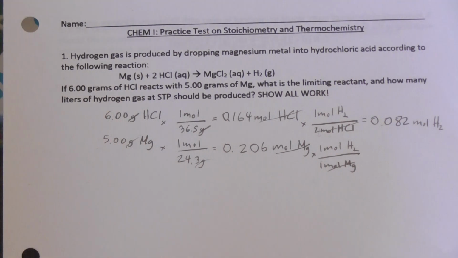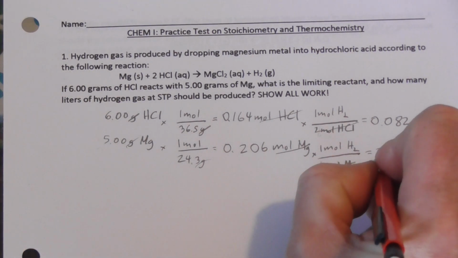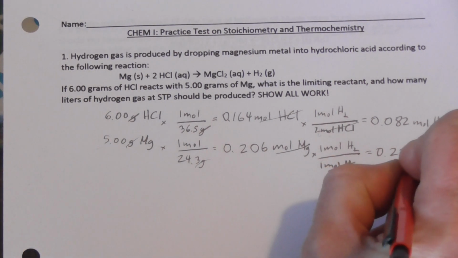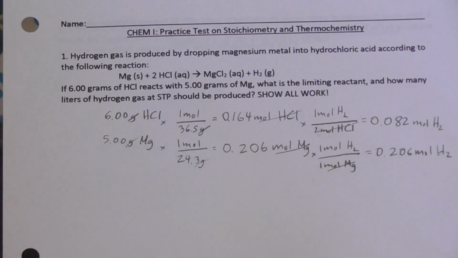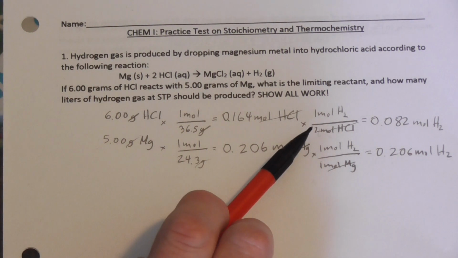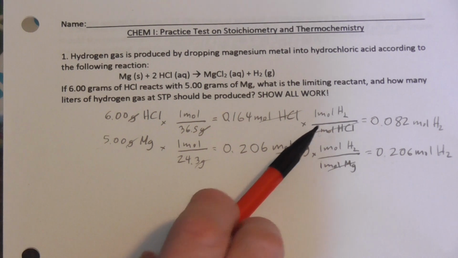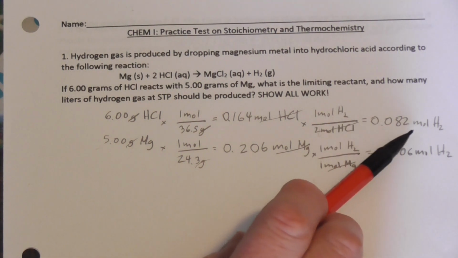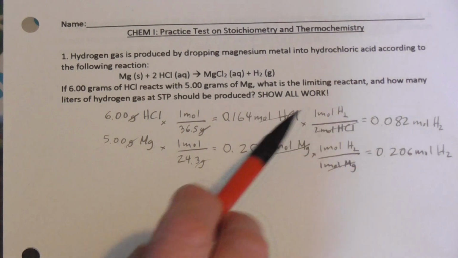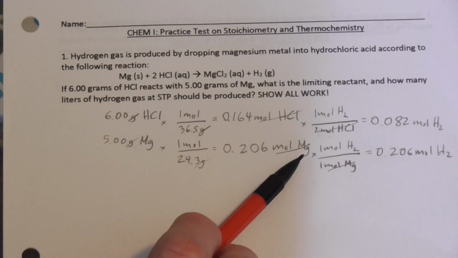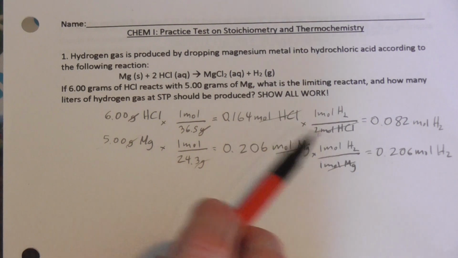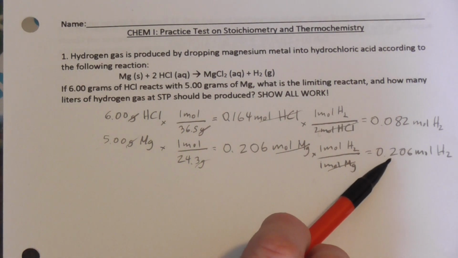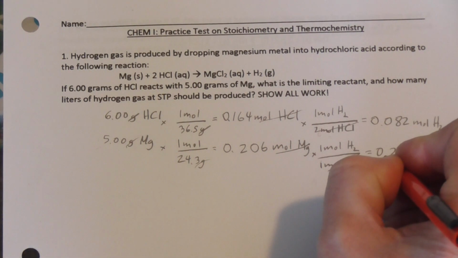So my moles of magnesium cancel out and I get 0.206 moles of hydrogen. What is this telling me? If all of my hydrochloric acid were used up, I would get 0.082 moles of hydrogen gas. If all of my moles of magnesium were used up, and I had enough hydrochloric acid to do it, I would make 0.206 moles of hydrogen.